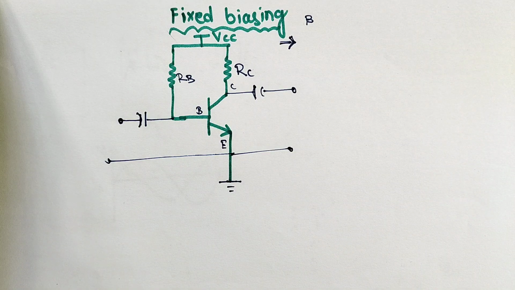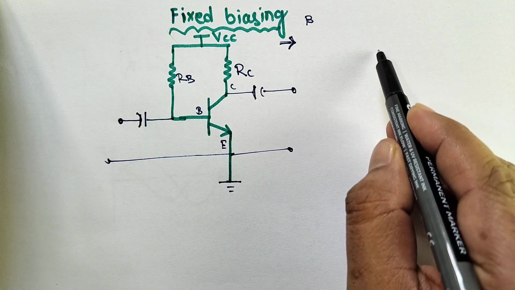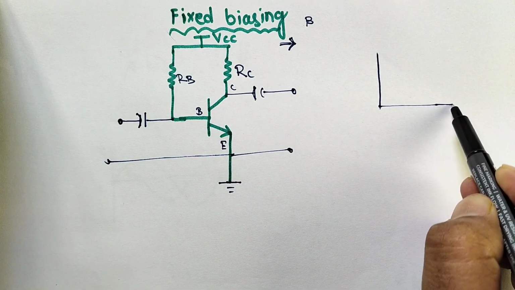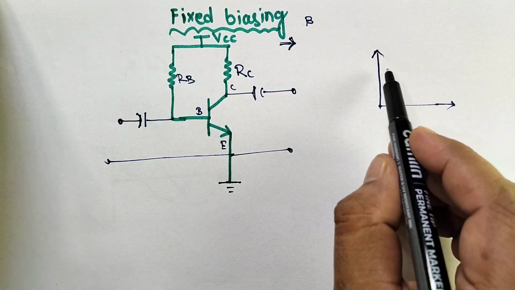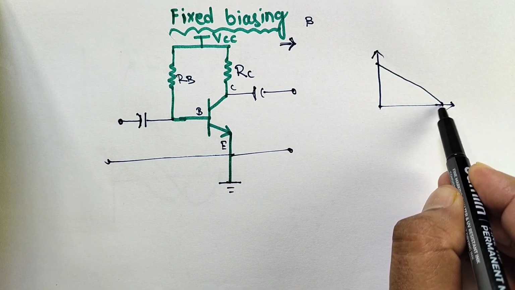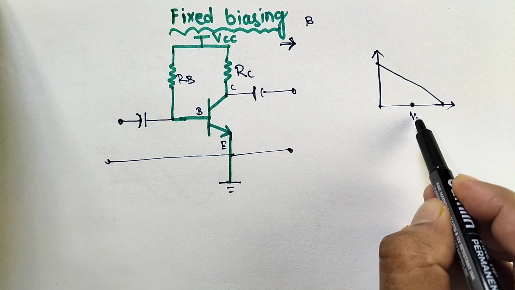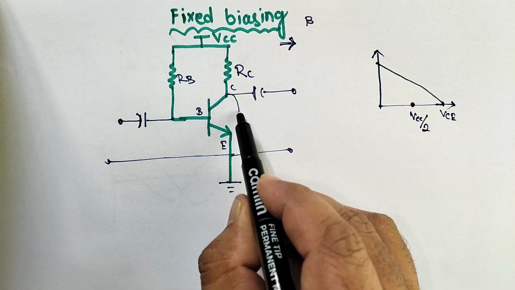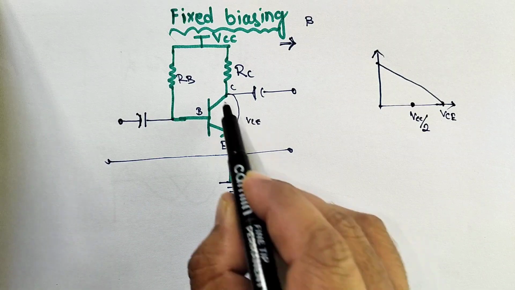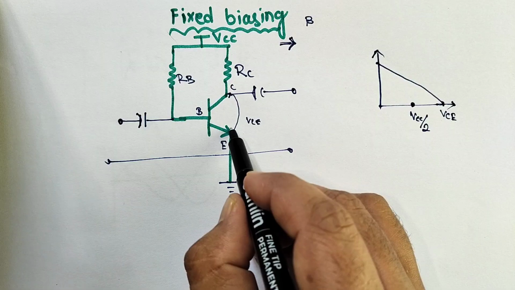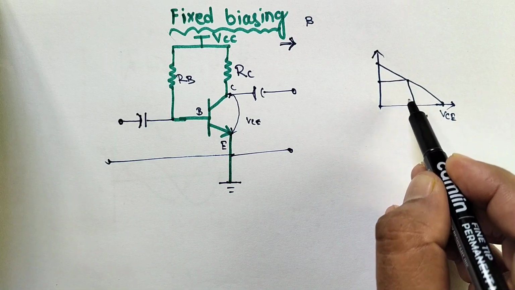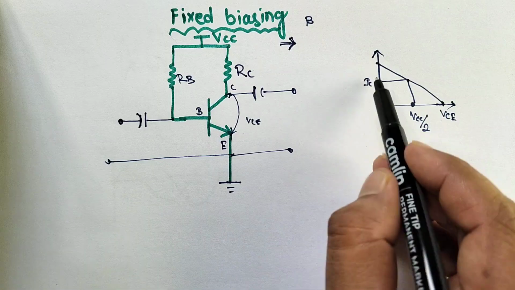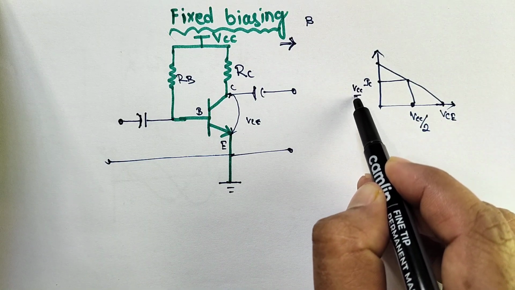First, to decide the Q point, as previously known, this is the characteristic curve with the DC load line. The midpoint occurs when VCE equals VCC by 2, and the IC is equal to VCC by RC.